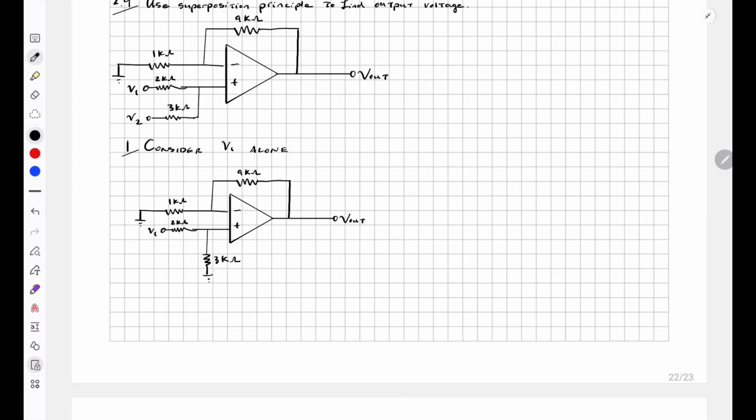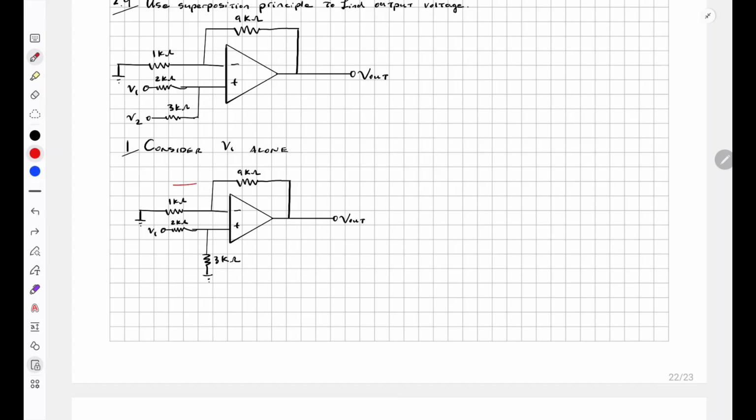Okay, I'm going to define a couple of things right now. First of all, we know that in the ideal op-amp, no current enters the input terminals of the op-amp. So in that case, this current here is equal to this current here.